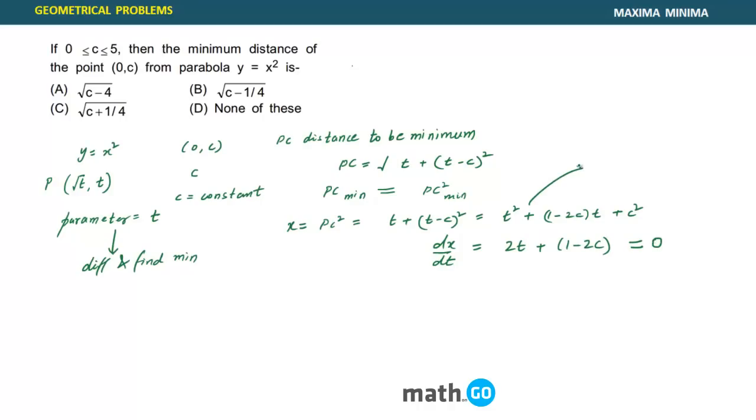And since this is nothing but a quadratic, can you see this is a quadratic with a greater than 0, so this implies this is an upward parabola. In case of an upward parabola, you will only get a point of minima, you will not have any other point. So no need of checking even, when I say that t is 2c minus 1, this is a point of minima, obviously, right?